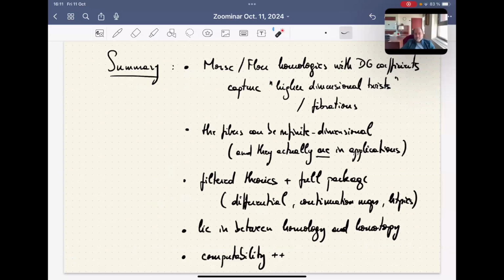In summary, these Morse and Floer homologies with differential graded coefficients capture higher dimensional twists as those that happen in fibrations. And the fibers of those fibrations can be infinite dimensional, and in our application, they actually are. Infinite dimensional fibers of this kind are the strongest.